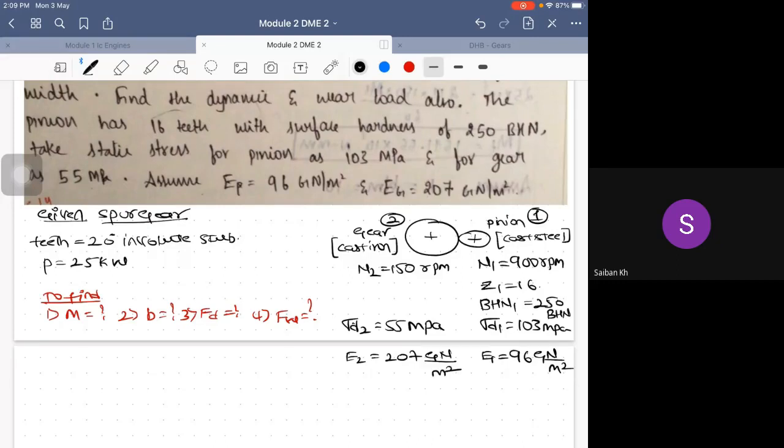Any of the parameters mentioned in the question but not listed here? Just read the question, everyone. Is any such parameter given in the question but not listed here?